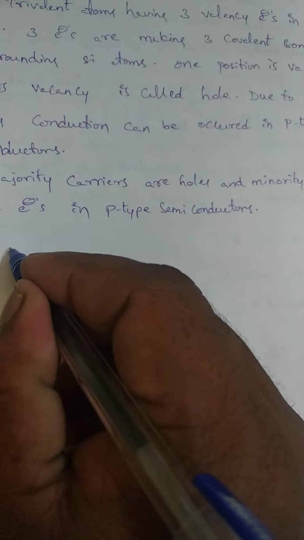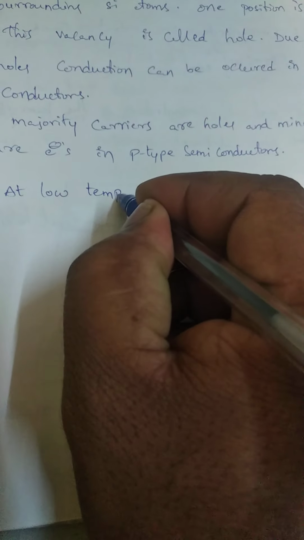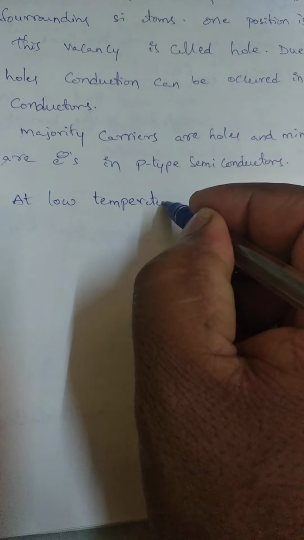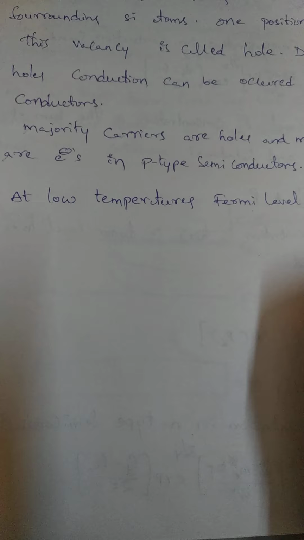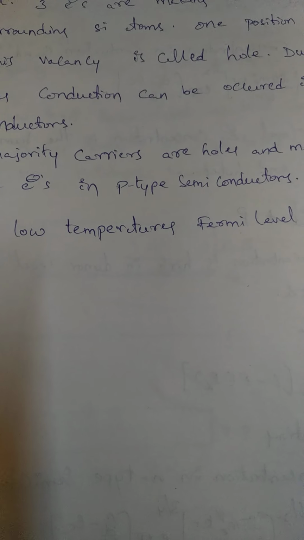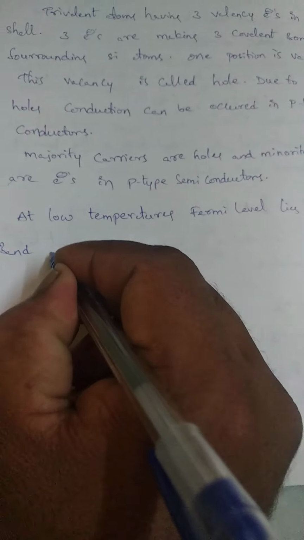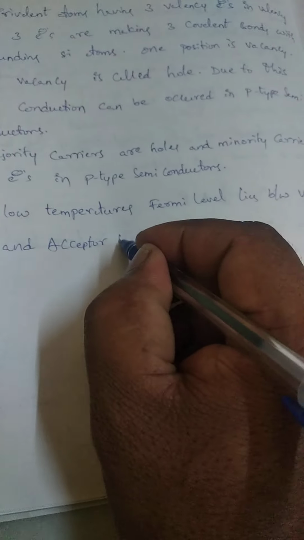At low temperatures, the Fermi level lies between valency band and acceptor level.